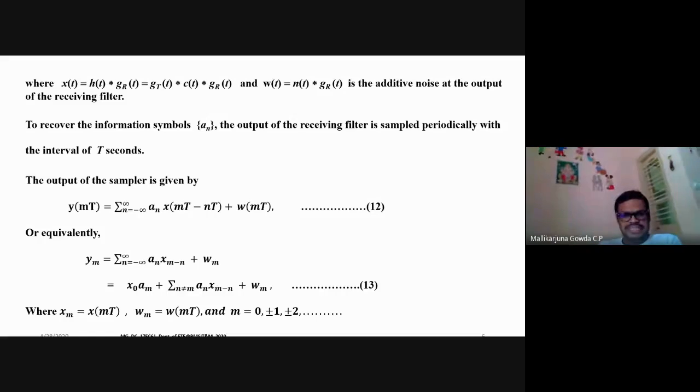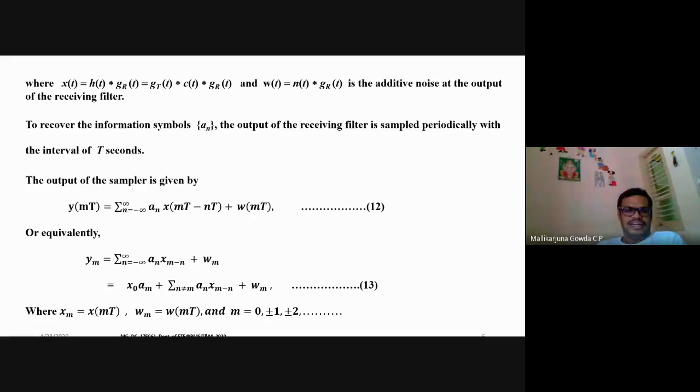I hope this equation is clear. Three terms I get at the output of the detector. This is the output of the sampler. So I said y_m is equal to this equation. In this, when I make m equal to n, I get x_0 a_m plus the rest of the terms, and next the noise. The first term is the desired symbol or desired signal.